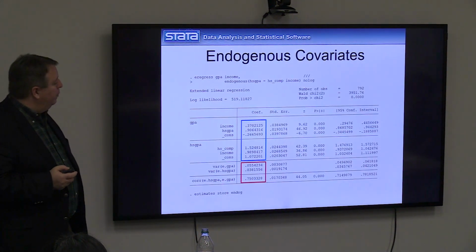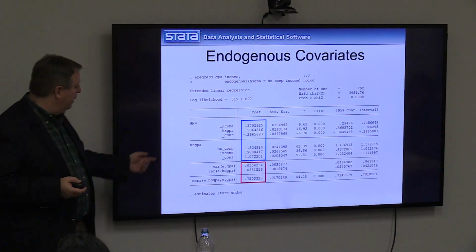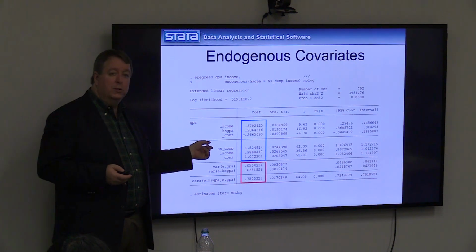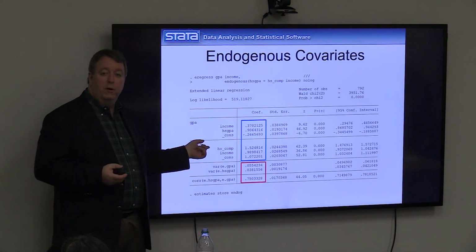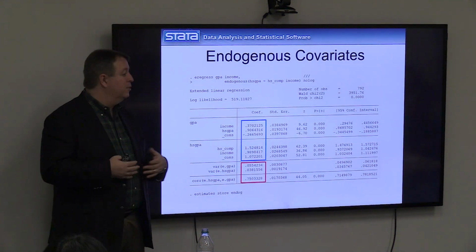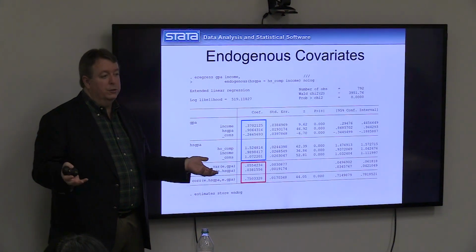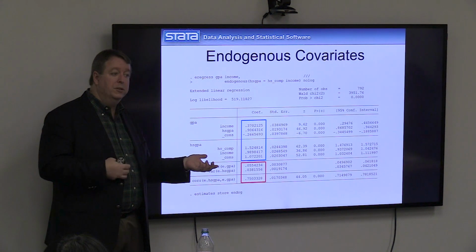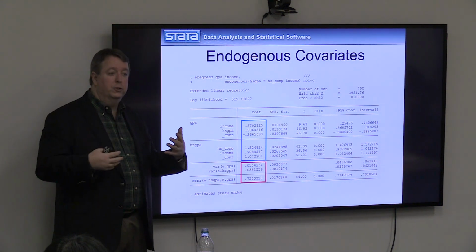So if you're familiar with the jargon of econ, high school competitiveness is what's called an instrumental variable. If you've ever heard of instrumental variables regression, that's all we just did. I just didn't use the term endog. And they have historically used a different way of estimating this called two-stage least squares.